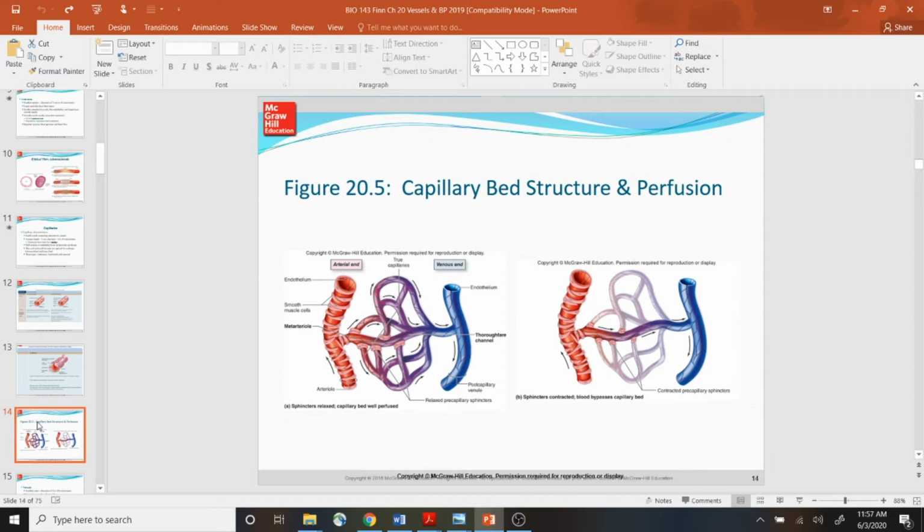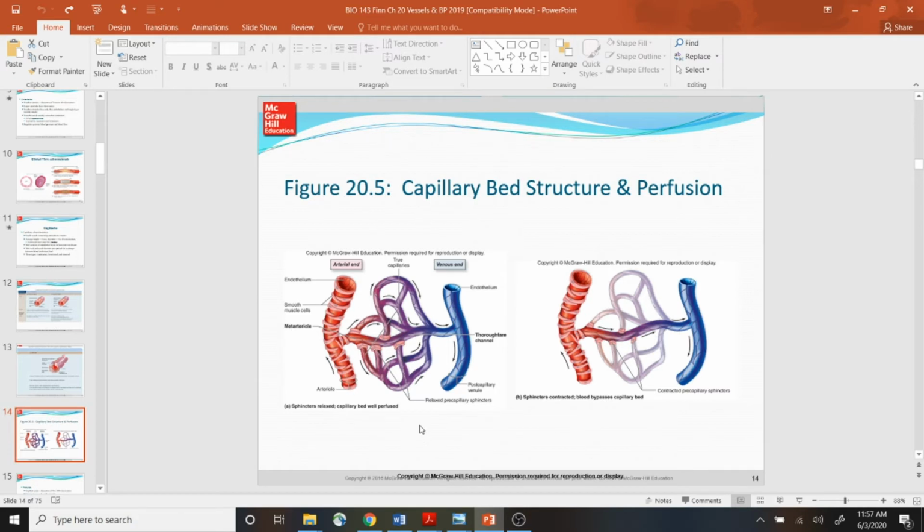Okay, so with these capillary beds, and this is something I'll talk about a little bit later in this video, there are areas of the body that need more blood perfusion, and areas that need less. For example, if you were exercising, the capillary beds that surround your skeletal muscles, we'd want more blood flow, not pressure, but more blood flow coming into that area. There'd be cells and tissues around here.